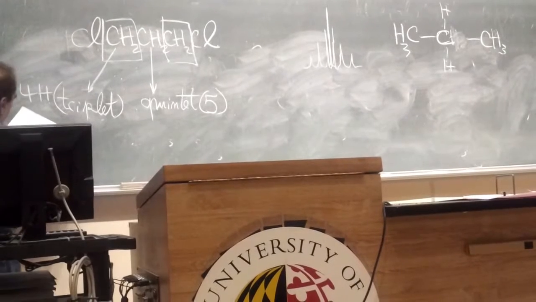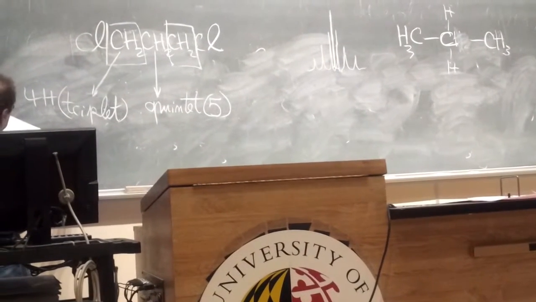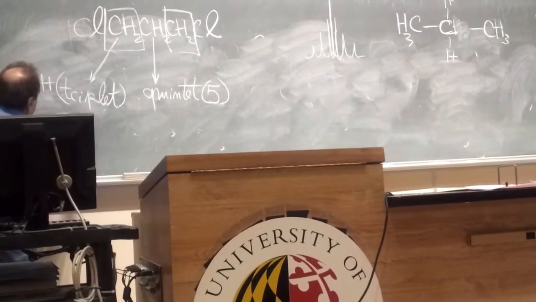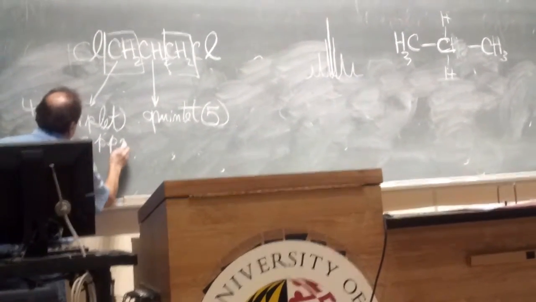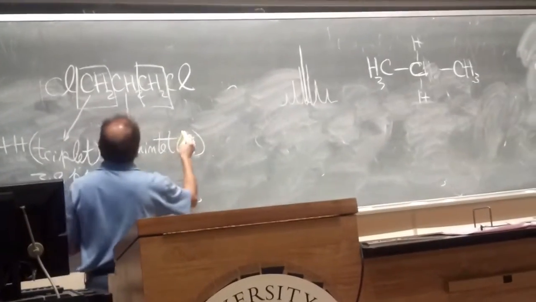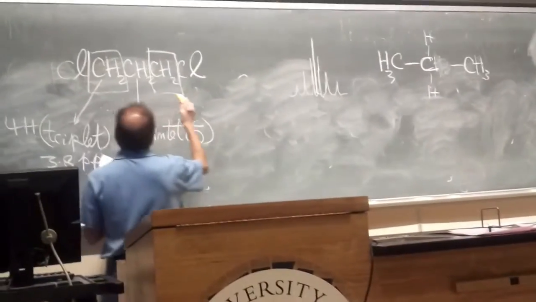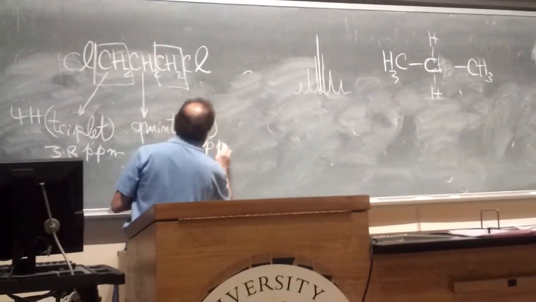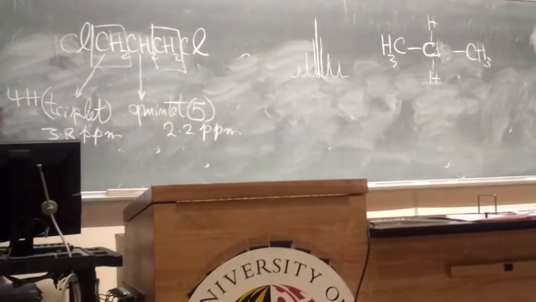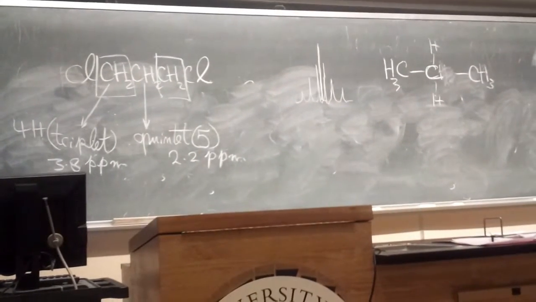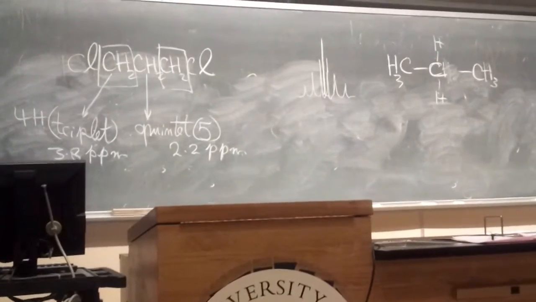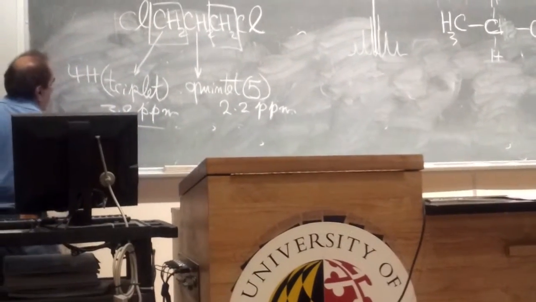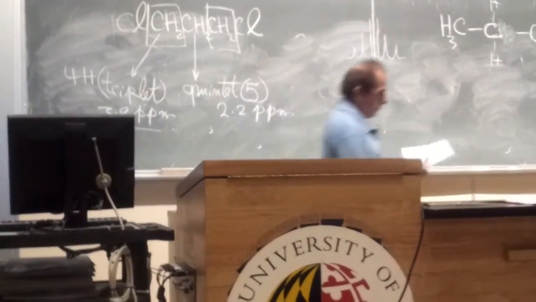In fact, the triplet shows up at 3.8 ppm, and this one shows at 2.2. And why is that, by the way? Because of the chlorine that is electronegative and pulls the electrons towards itself. And therefore, the chemical shift of these is moved in this direction. Okay, initially.